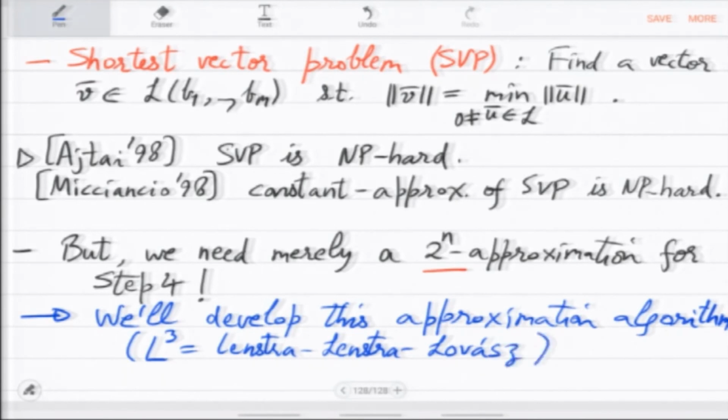So this is the main content of the LLL algorithm, that they give an approximation algorithm to solve the SVP problem, and then as an application, as we have seen in step 4, they can factor integral polynomials in deterministic polynomial time. So this is what we will develop in the end.